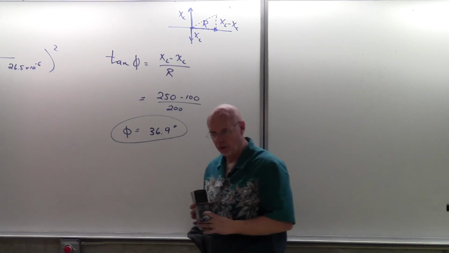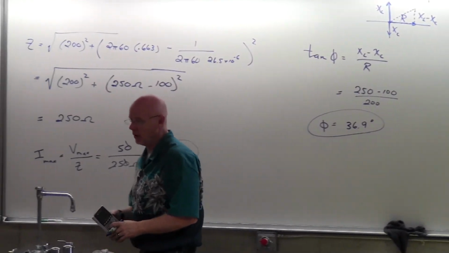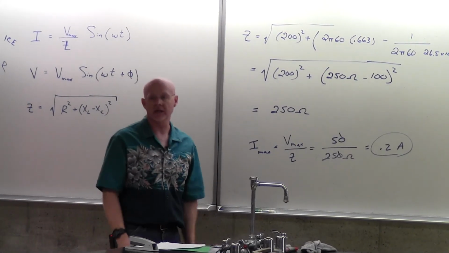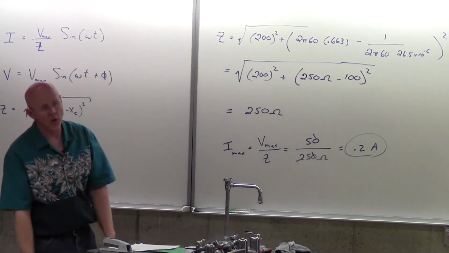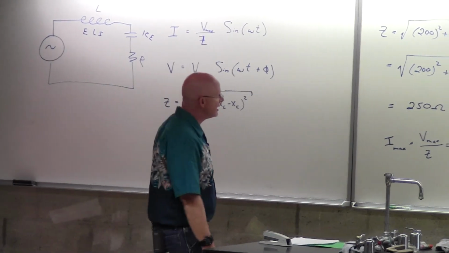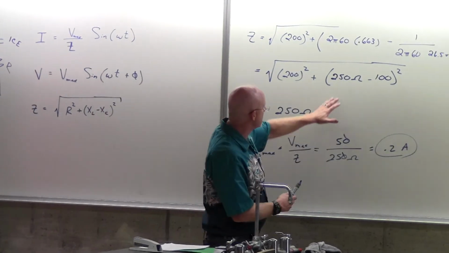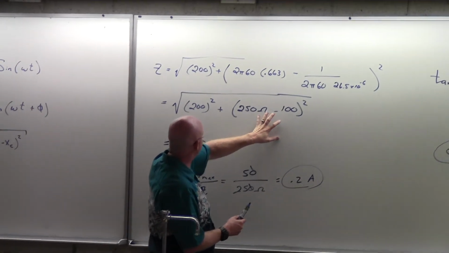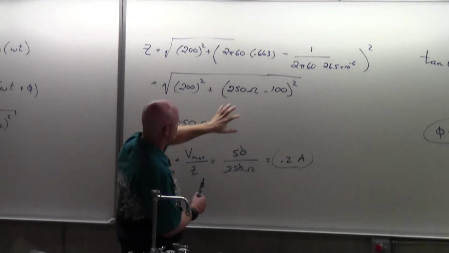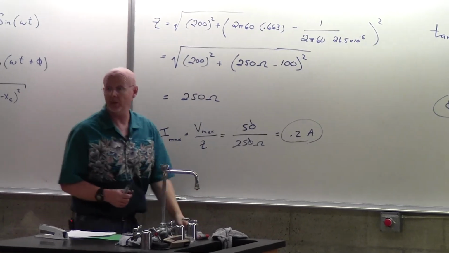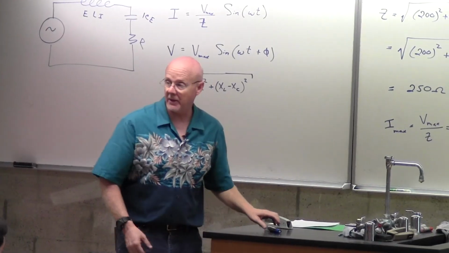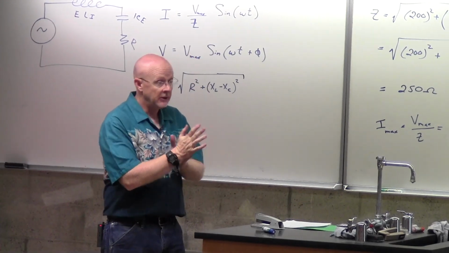And so I get voltage a little bit before current, which hopefully makes sense. This is dominated more by the inductor. Actually, I don't know if I should say dominated by the inductor, because the capacitor is taking off a little bit of the inductance, and so most of it is actually resistance, but then there's quite a bit of reactance from the inductor, not quite balanced off by the capacitor.